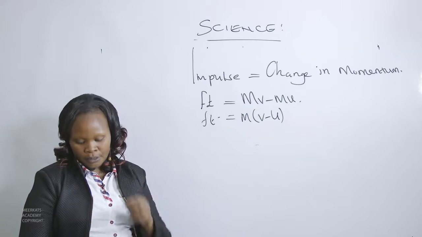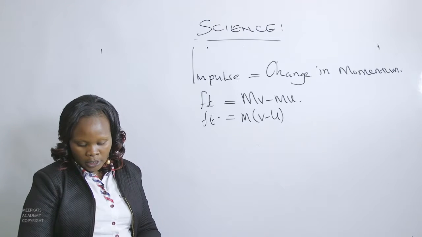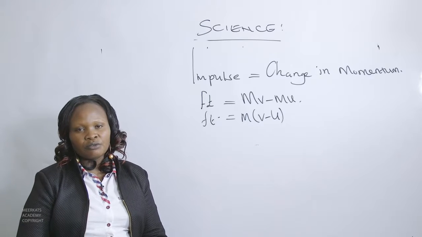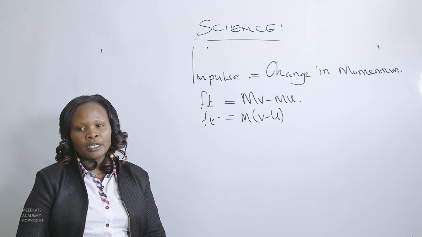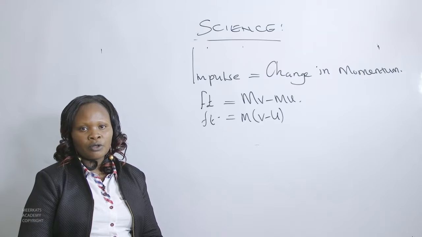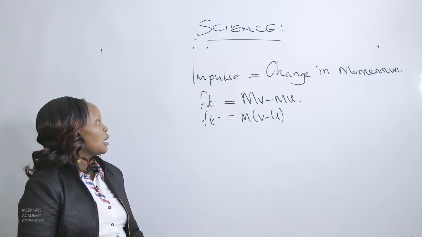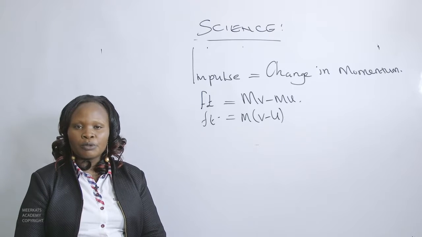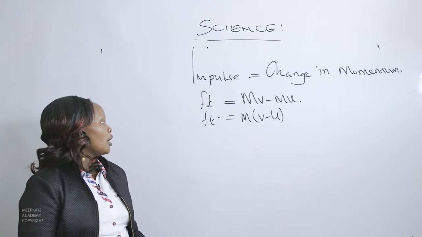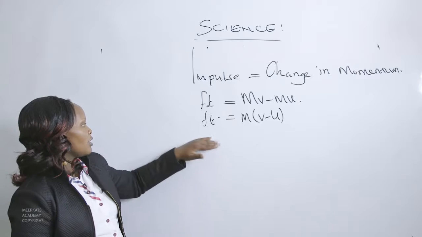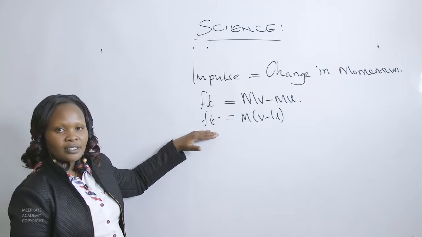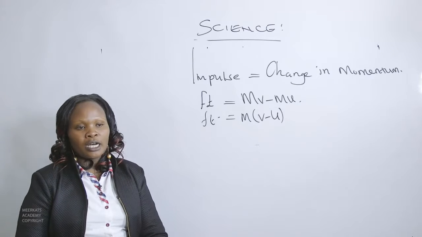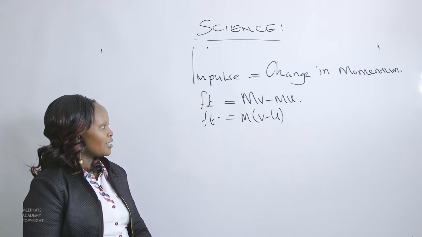Now sometimes you could have a question requiring you to come up with units of impulse. Impulse could have two possible units. One is derived from the left-hand side of the equation, and the other could come from the right-hand side.